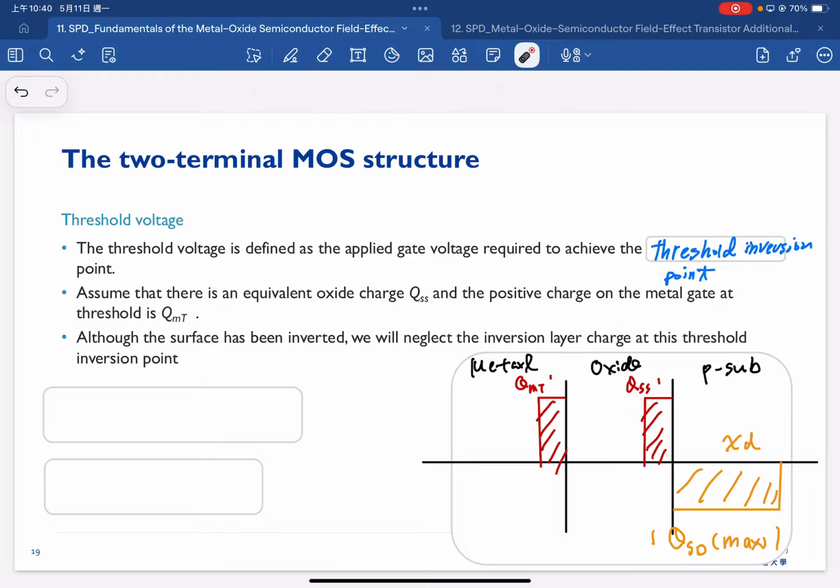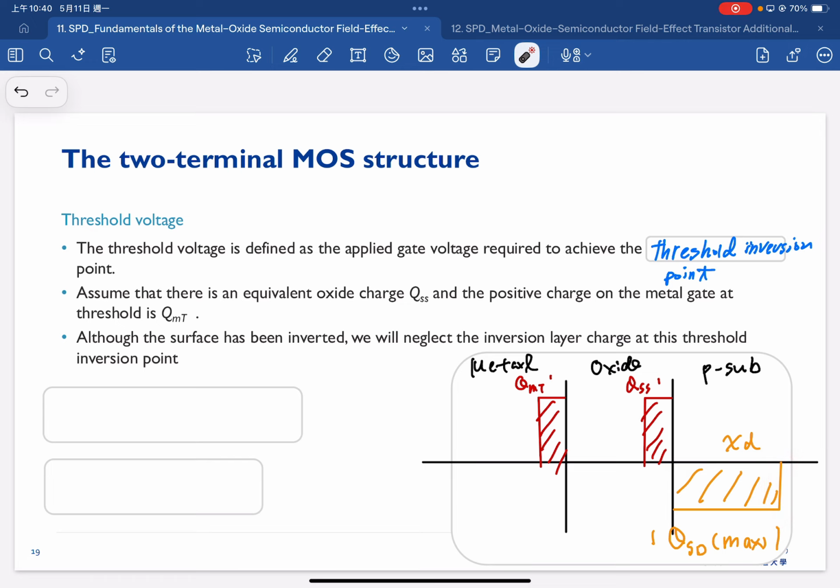Once beyond this critical point, we will start to see very high inversion charge generated in this region. But this is the threshold point, so that hasn't happened. Therefore we consider this as the criterion.